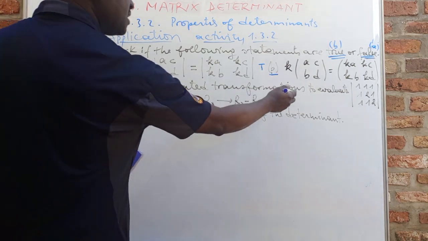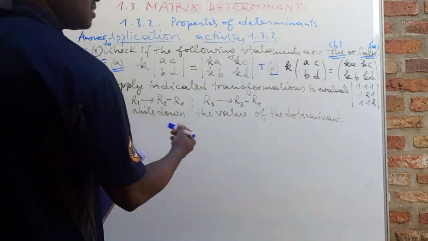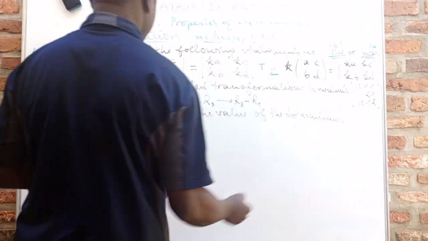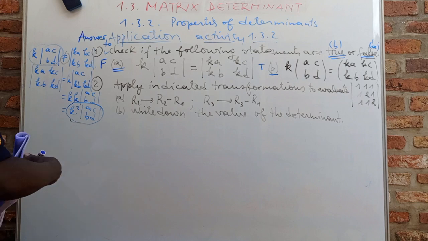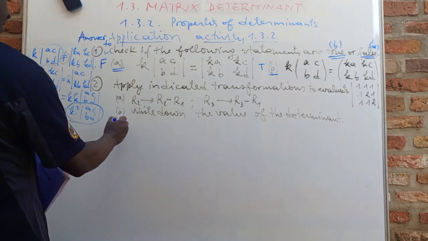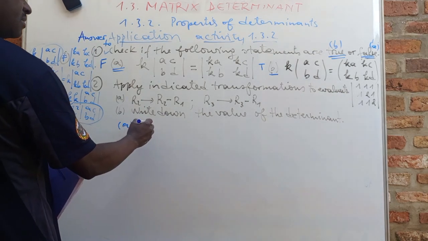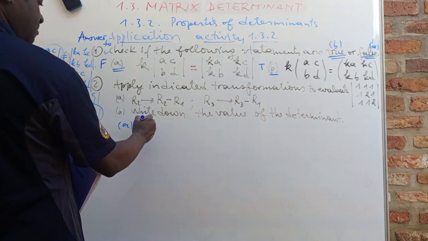We apply the indicated transformation to evaluate this determinant. So let us make those transformations. Which elementary matrix do we use?